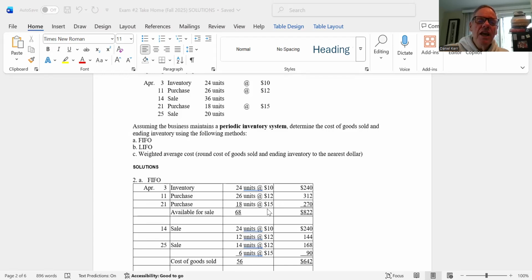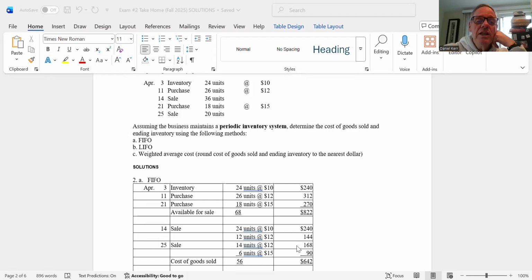So the first sale that we had here, we sold 36 units on the 14th. So 36 units, you only had 24 units at 10. So you have to now take 12 units at 12. So there's your cost of goods sold, 24 times 10 and 12 units times 12.